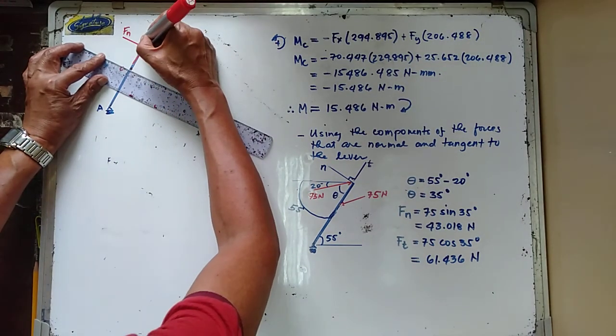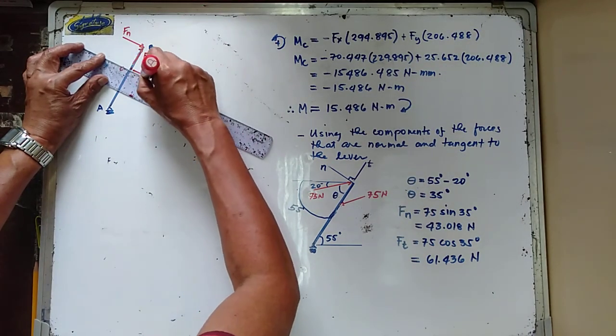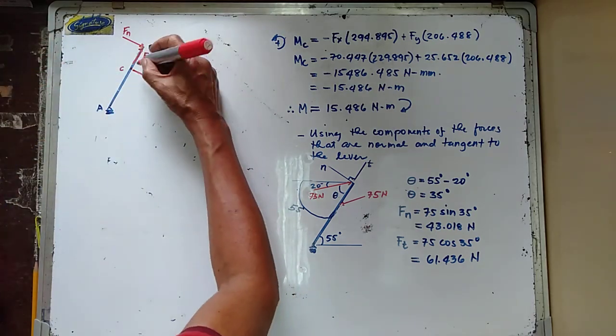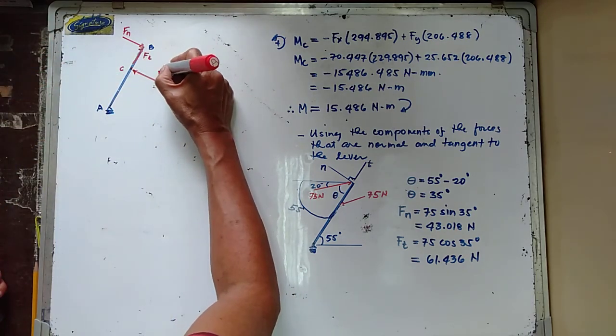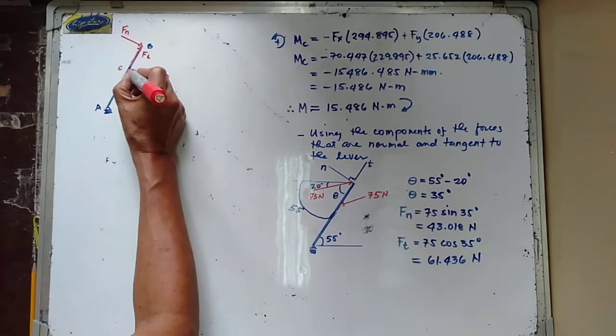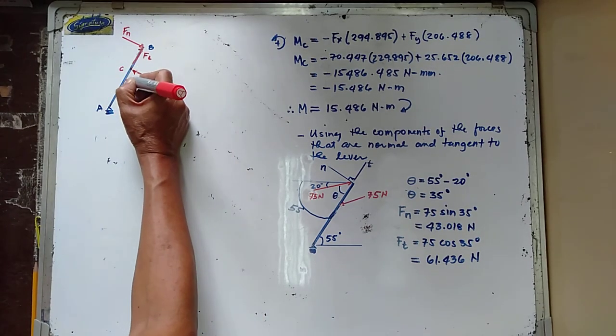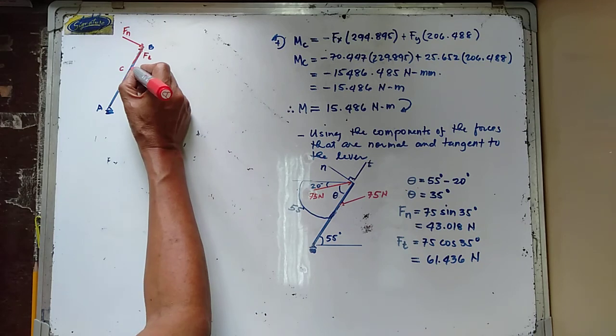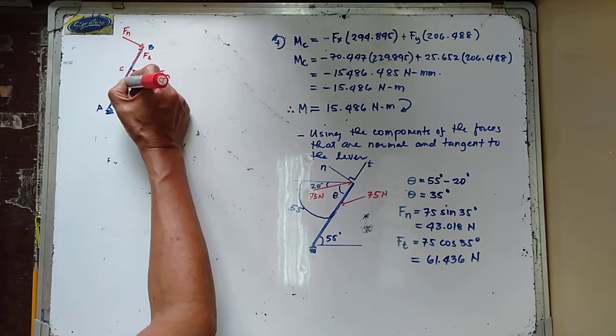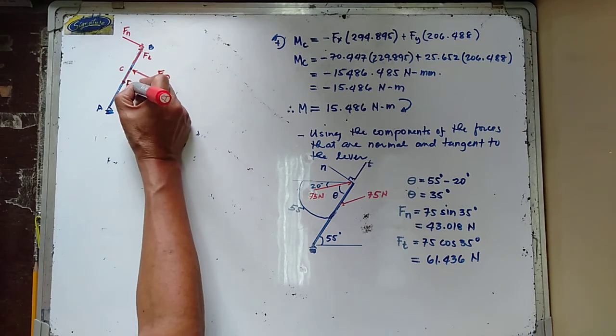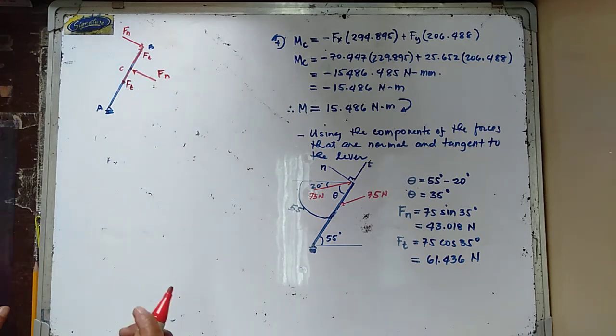So that is parallel to that. Perpendicular. So we now have Fn, and this is now your Ft. Okay, and the tangent distance.